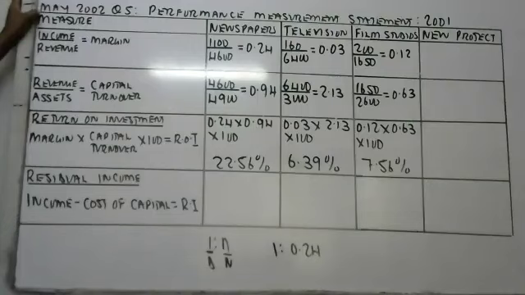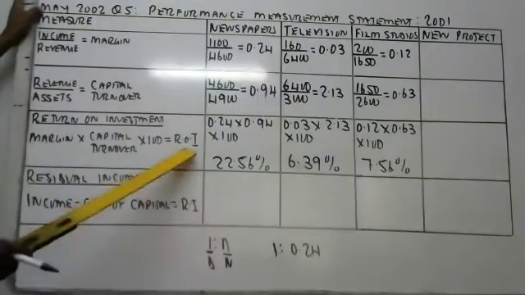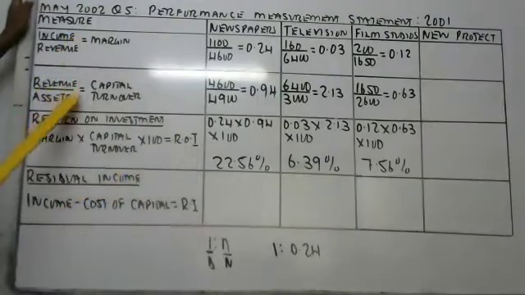Have you seen that? The revenue will cancel out. So the other way of writing the formula for return on investment is simply income over what? Assets. That is what we will be using a lot. Assets, and yes, the capital.